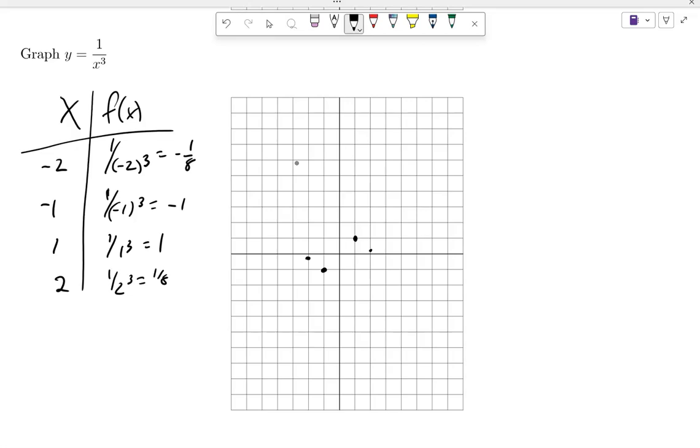But the left-hand side here, instead of going up like the previous example did, is going to go down this way. And this one should go this way. And we get this kind of shape.